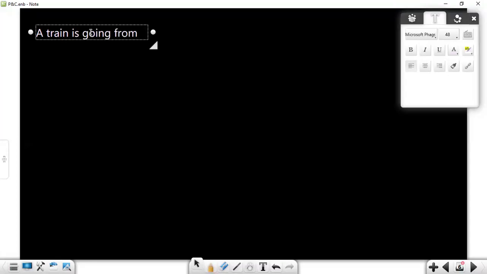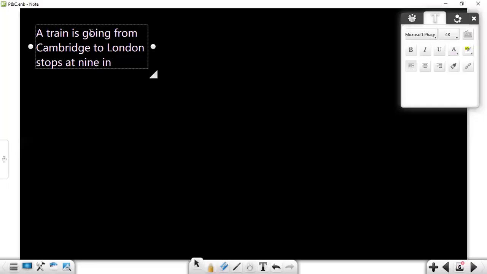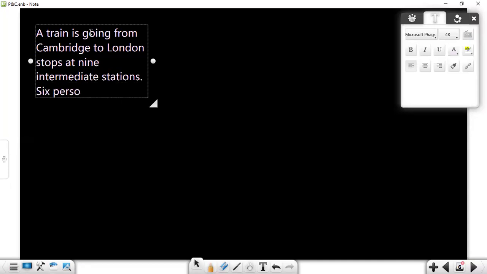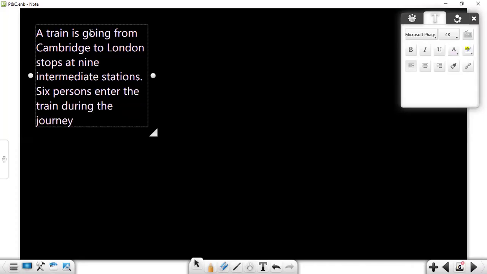A train is going from Cambridge to London, stops at 9 intermediate stations. 6 persons enter the train during the journey with 6 different train tickets.